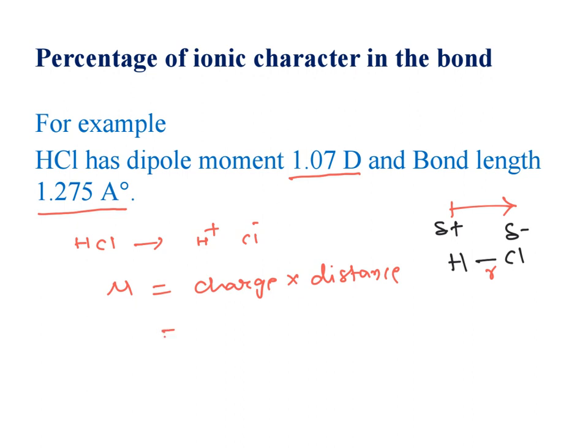So here, for charge, we are taking 100% ionic character, so one electron is transferred to Cl minus. Chlorine got 1 electron. Let's take 1 electron charge.